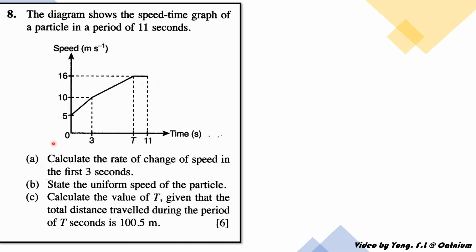So this is something regarding the questions. So for A, calculate the rate of change of speed in the first 3 seconds. Okay, try to have a look. So understand the needs of the question first, kehendak soalan.